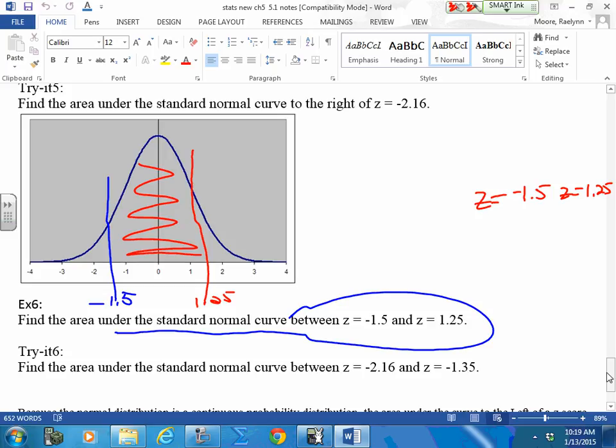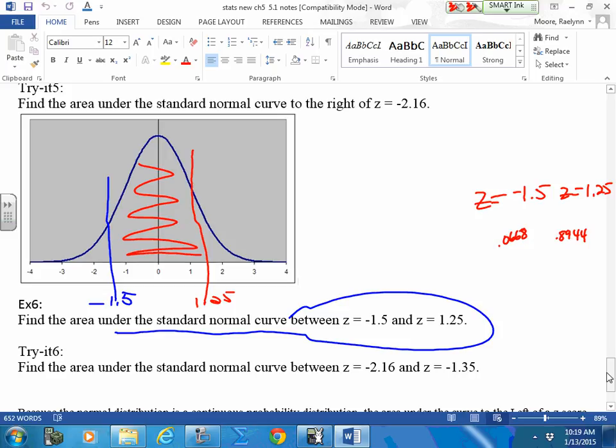Watch the negatives, they go backwards. Your area that you look up is always to the left, which makes sense.